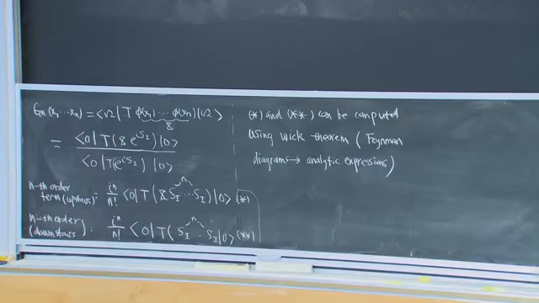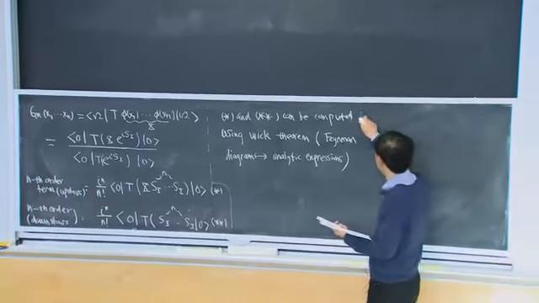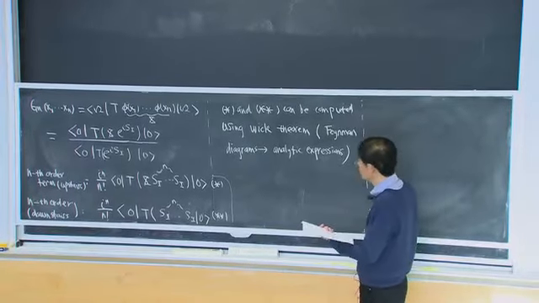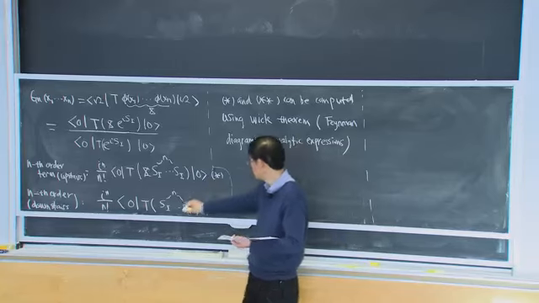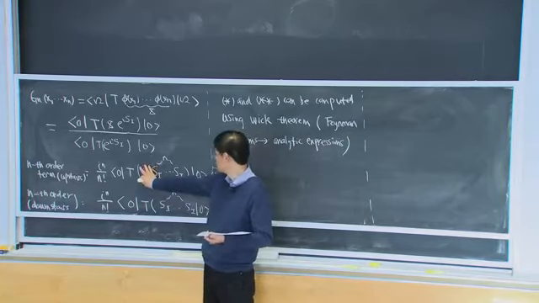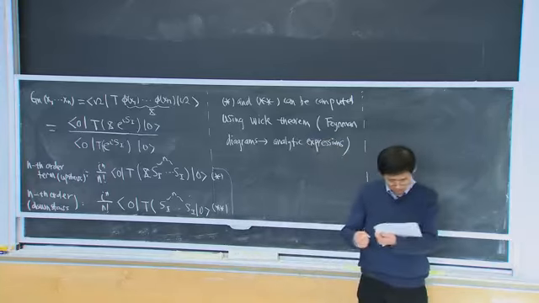The second line can be considered as a special case of the first line, where you just take this product of φ(x) to be identity.